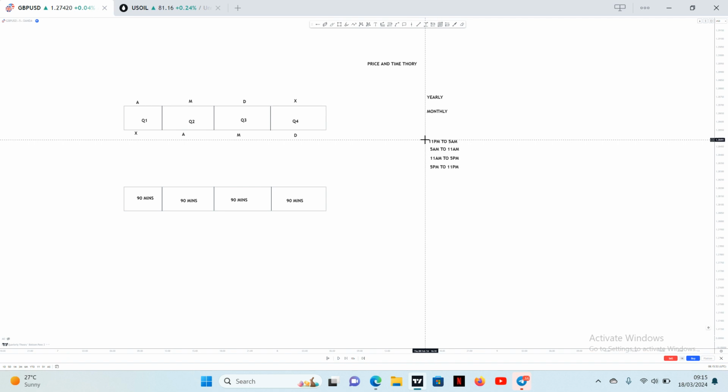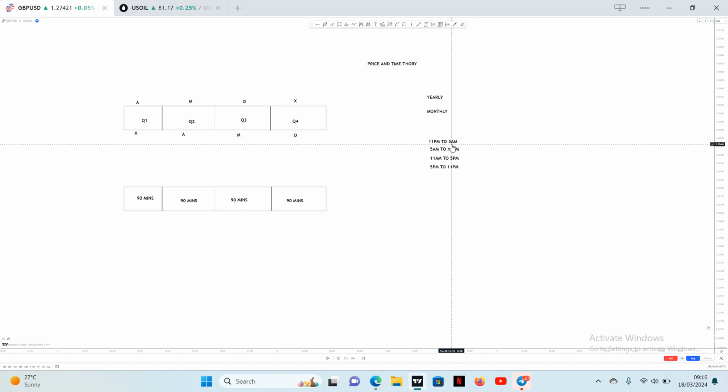But then, this is where it gets very interesting. The true opening of London is supposed to be at the second quarter of this London session. Just like the Asian session starts from 11 p.m. to 5 a.m. London time. Inside this Asian session, the first 90-minute cycle starts from 11 p.m. to 12:30 a.m. That's 90 minutes.